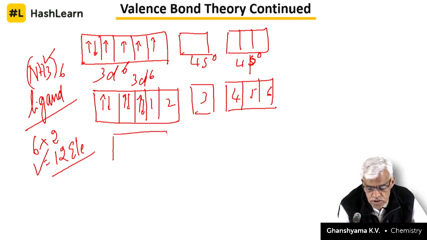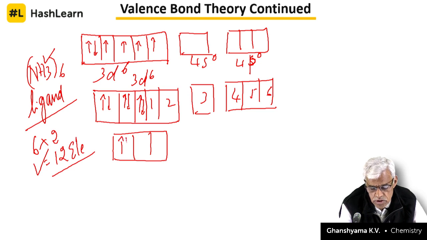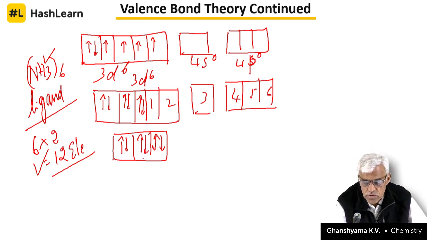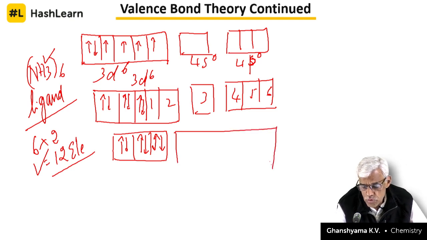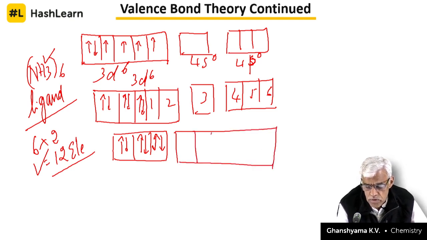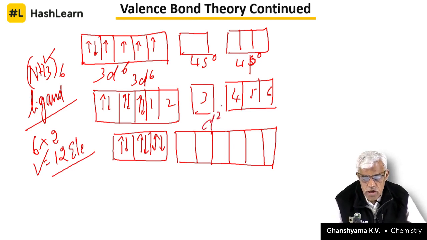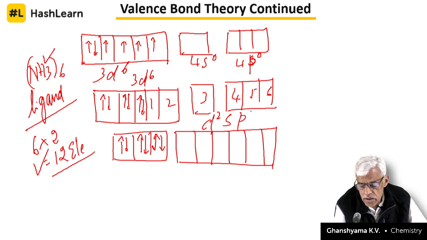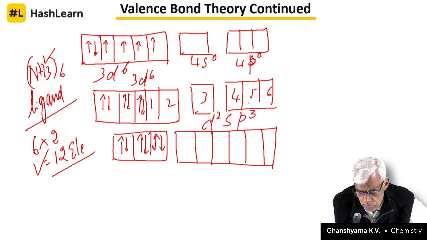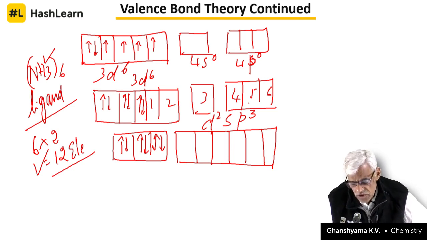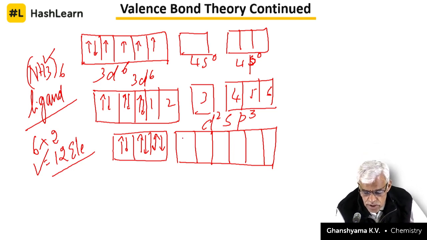Therefore the 6 vacant orbitals join to form a single hybridized orbital. For this, the contribution is 2 from d, 1 from s and 3 from p. It is d2sp3 hybridization, and the 12 electrons are accommodated here.